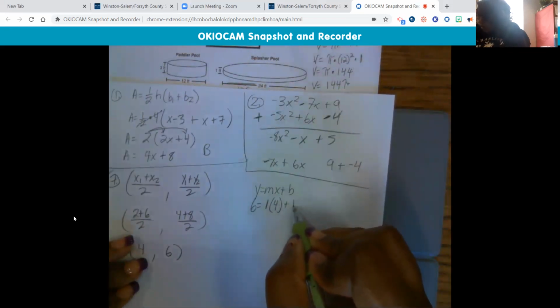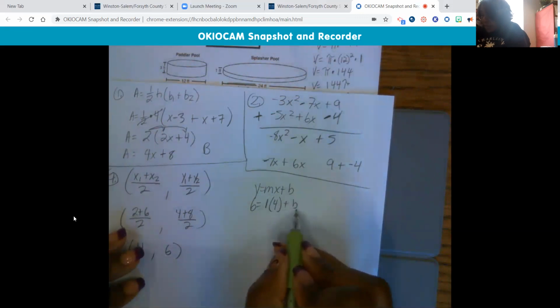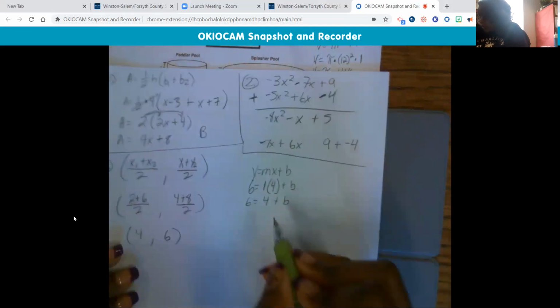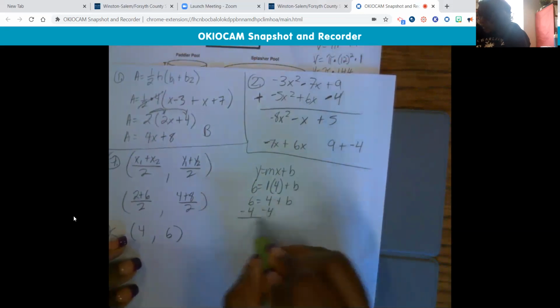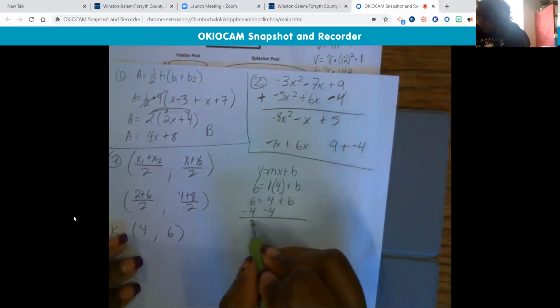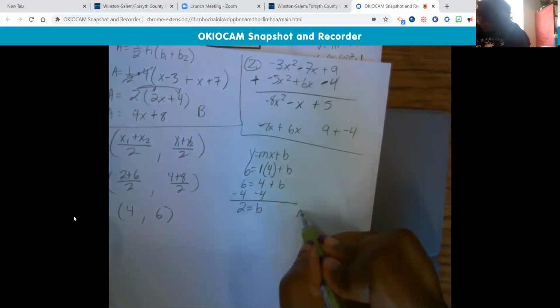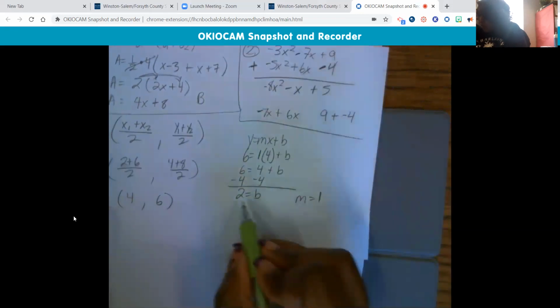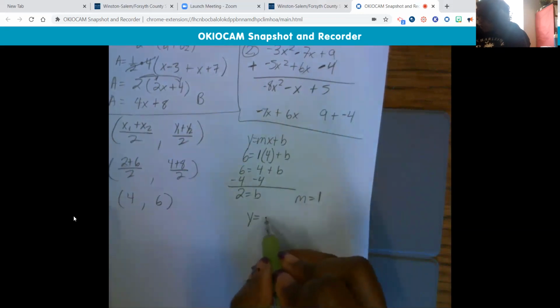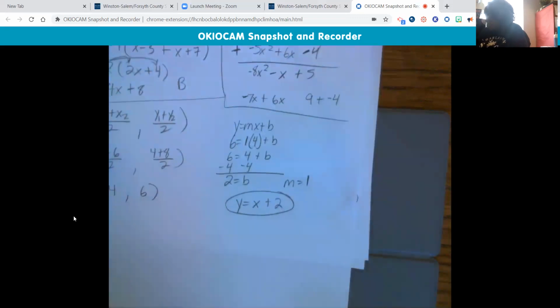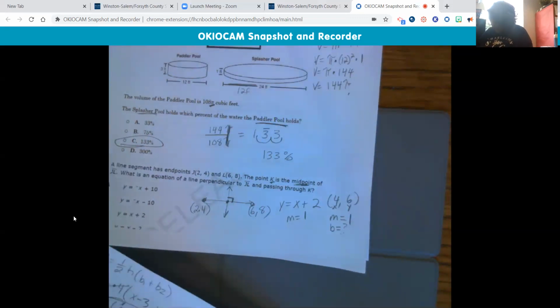Now I can solve for b. This gives me 4 plus b. I'm going to subtract 4 on both sides. This gives me 2 is equal to b. So my slope was already 1, and my equation is going to be y is equal to 1x plus 2.